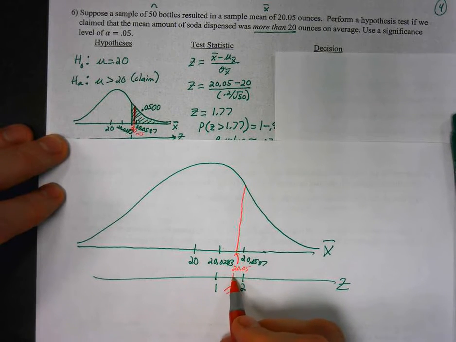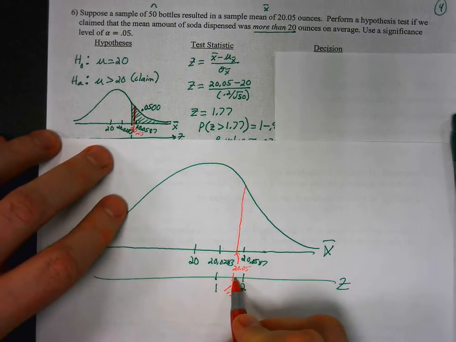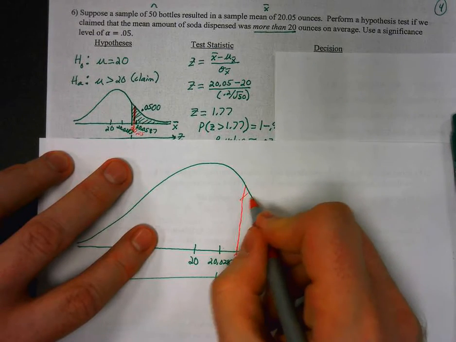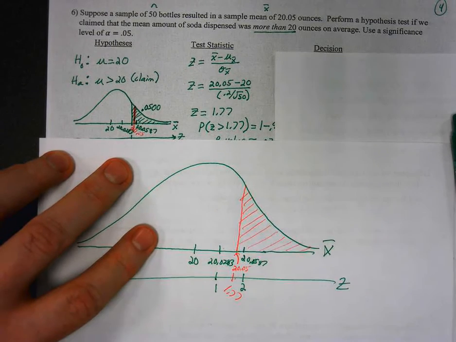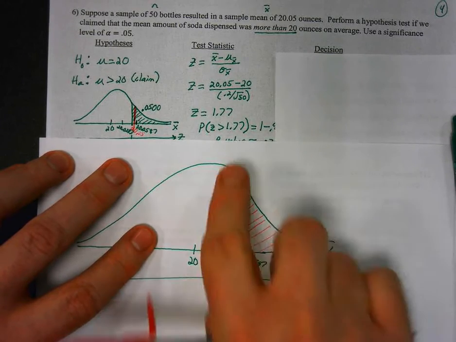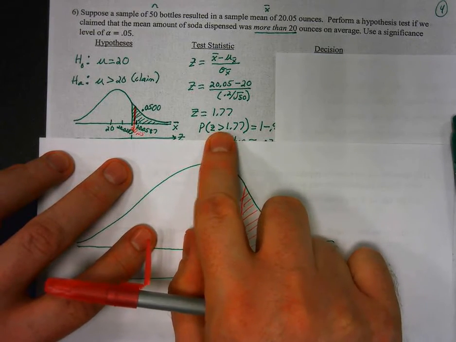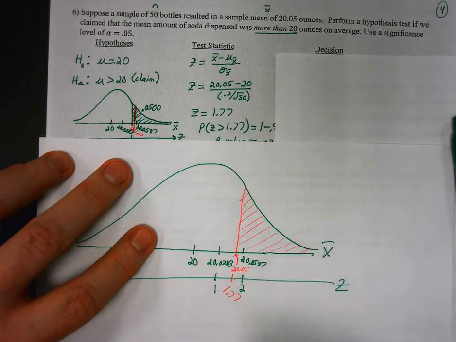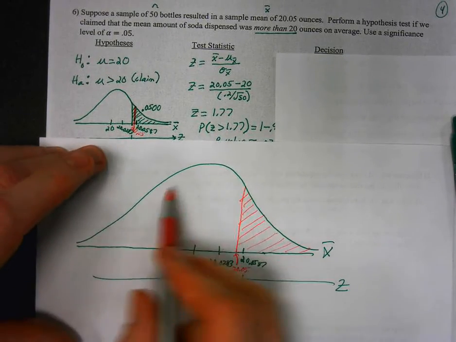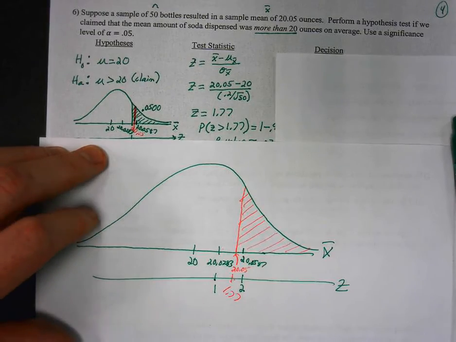What we're concerned with is the p-value, the probability that we are above that value. When we look up the probability that z is greater than 1.77, we have to do 1 minus the probability to its left of 1.77.